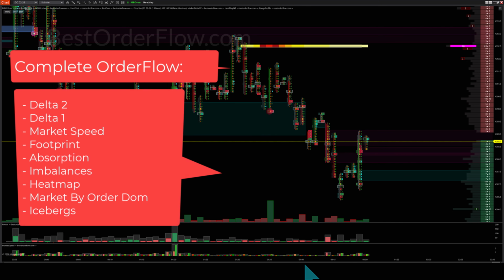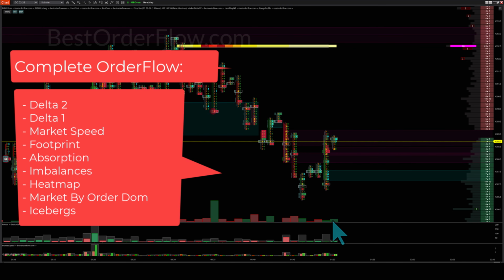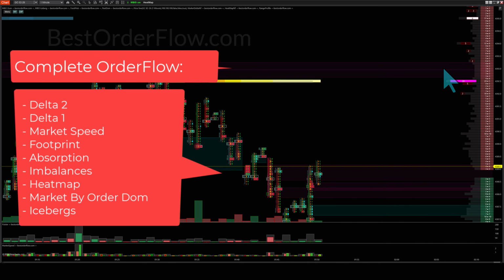And because of that, the great indicators like delta 2, delta 1, market speed, the absorption indicators on a footprint, the imbalance zones on a footprint, the heat map liquidity, and the market by order DOM show us the up-to-the-second situation.